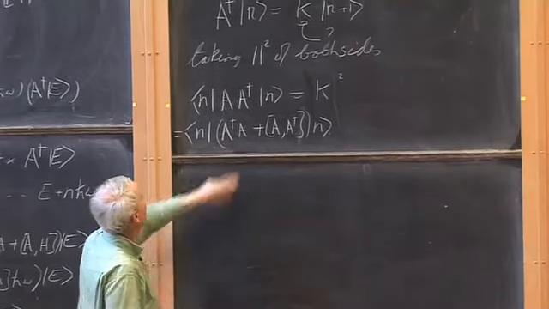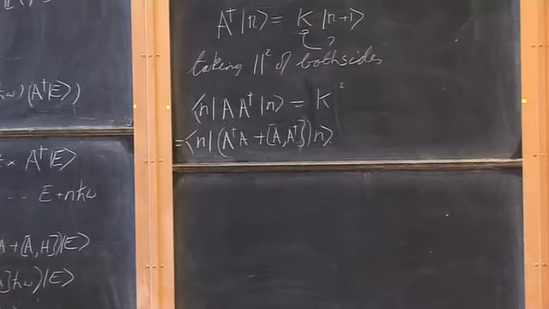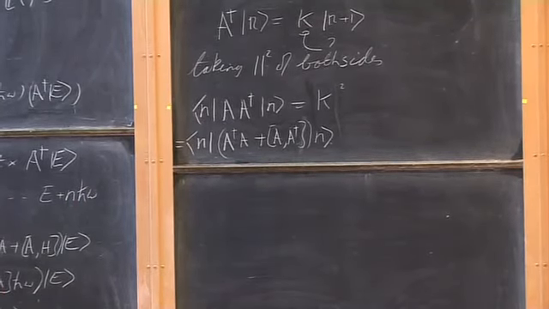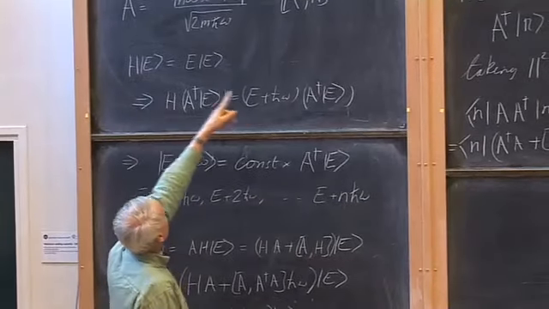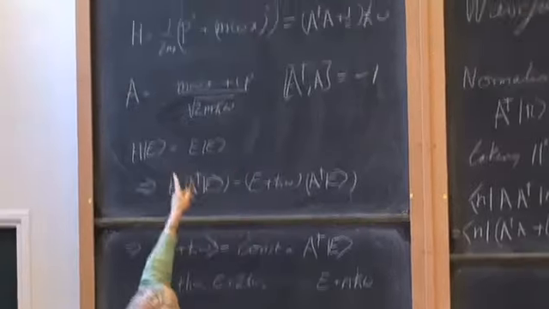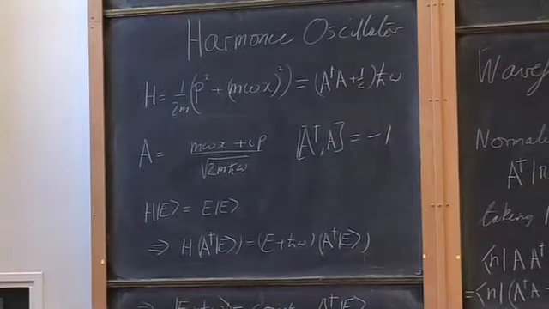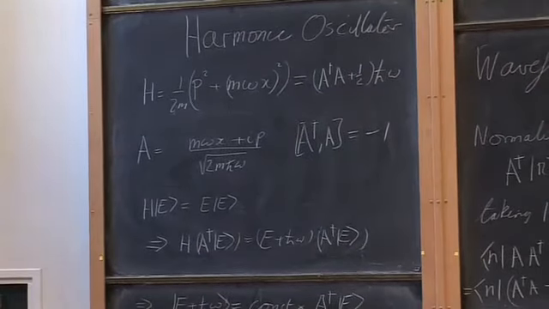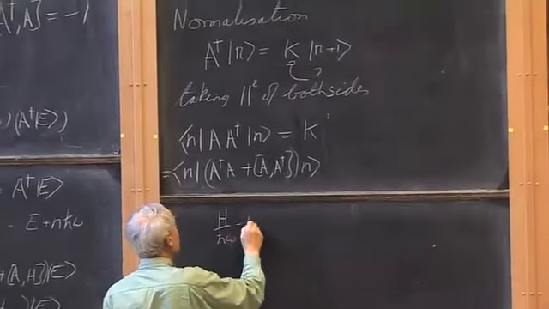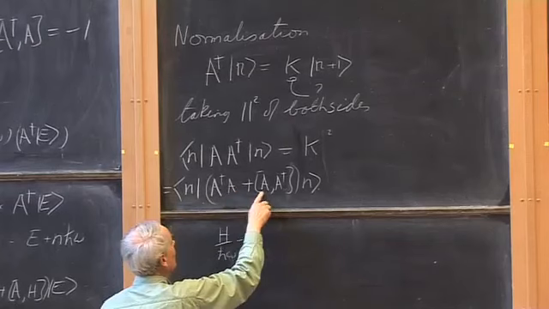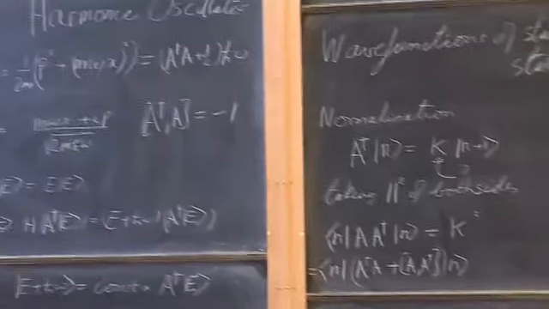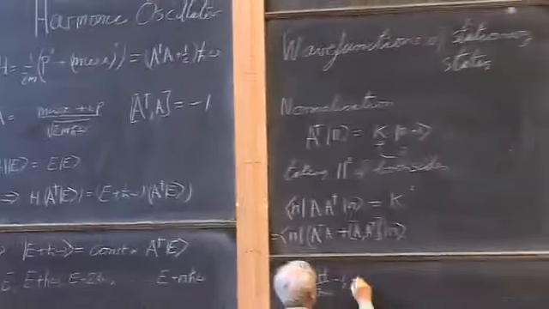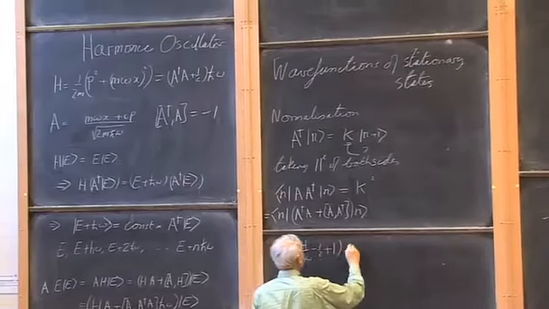This is the Hamiltonian over h bar omega minus a half. So this is H over h bar omega minus a half. That's this thing. And what's this? This is plus 1, because the commutator the other way around was minus 1, so this is plus 1.